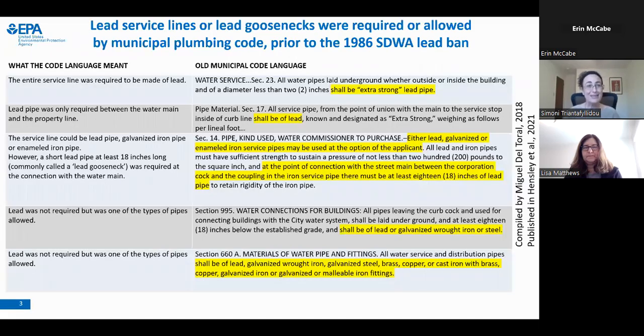So, all right, I think we all know the issue of lead service lines or lead goosenecks. Those were allowed or even required by municipal plumbing codes back in the day before the 1986 Safe Drinking Water Act lead ban.